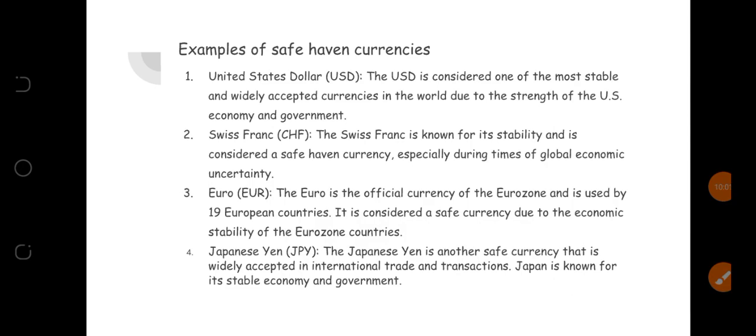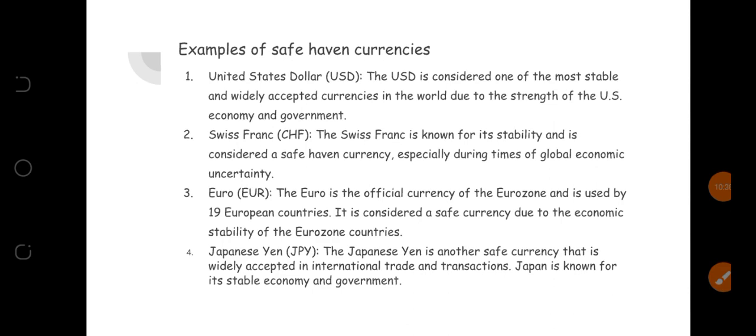We also have the Swiss franc, the euro, as well as the Japanese yen. These are usually the safe haven currencies. The euro represents a currency from Europe, and Europe itself consists of many countries.